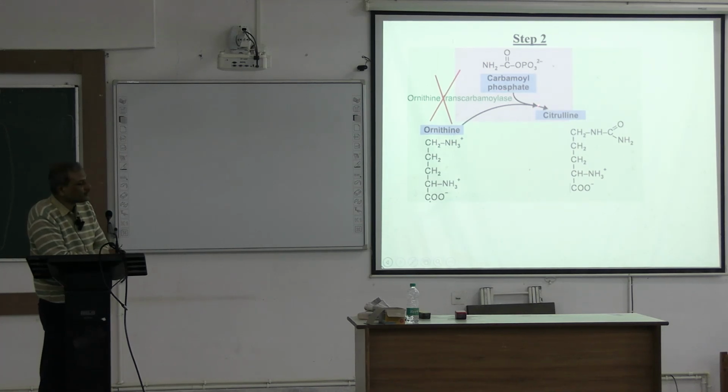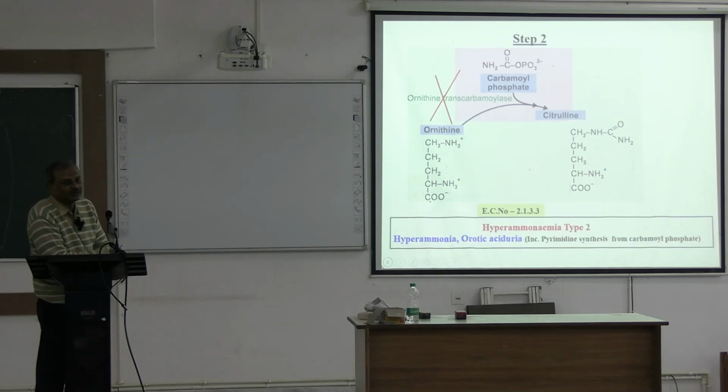And this carbamoyl phosphate will lead to increased pyrimidine synthesis, and that will lead to uric aciduria. So, uric aciduria will be an additional feature. So, hyperammonemia plus uric aciduria, if you get, the block is at the level of ornithine transcarbamylase. Okay.